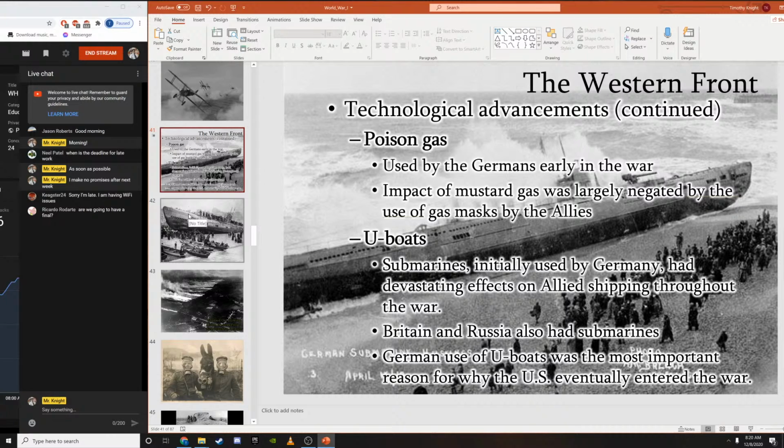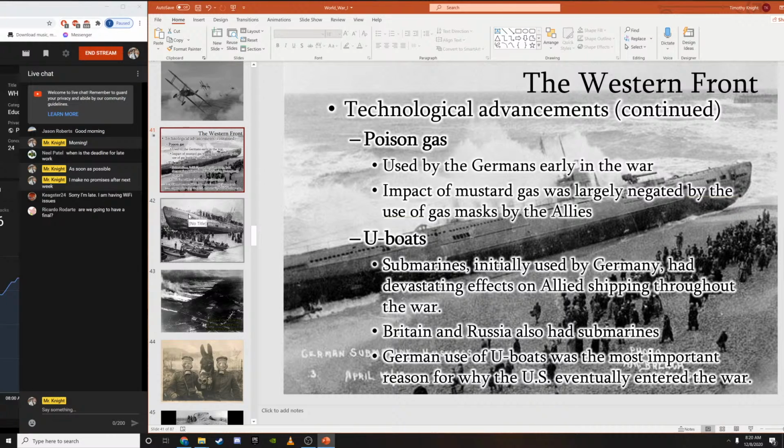Also, they used poison gas, and the poison gas was used on the trenches. Mustard gas is heavier than air. And the reason that they used gas is because it would sink into the trenches.